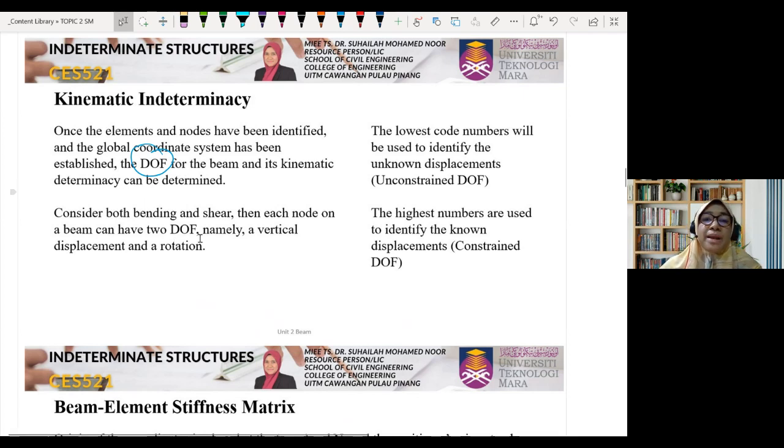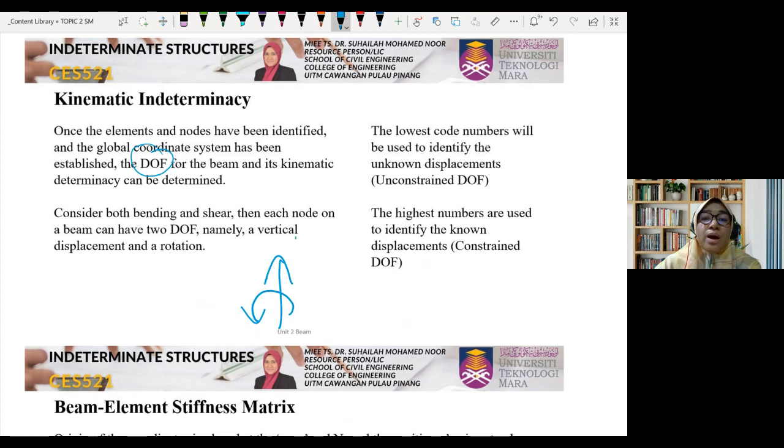If we consider both bending and shear, then each node of a beam can have two degrees of freedom, namely vertical displacement and rotation. The definition of degree of freedom itself, in simple words, is a displacement component.